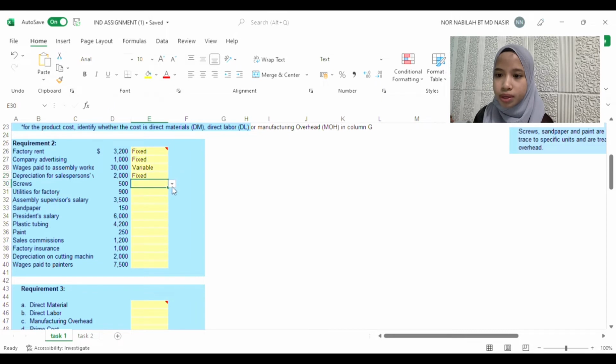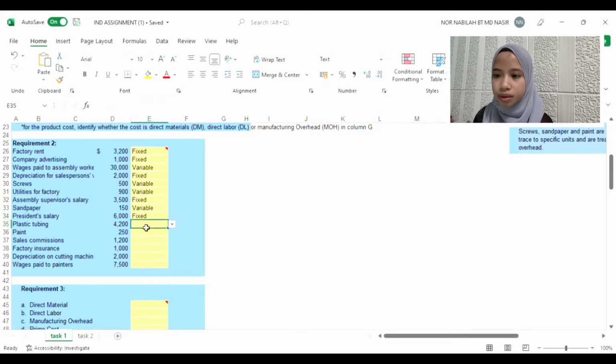Depreciation for salesperson vehicles is a fixed cost. Screws, variable. Utilities for factory, variable. Assembly supervisor salary, fixed cost. Sandpaper, variable.